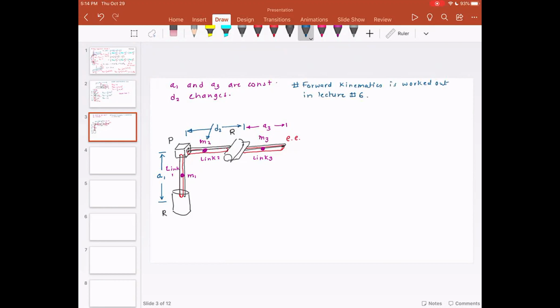So this might be a good time just to go to Canvas, open lecture 6, and quickly go through the forward kinematics, all that we derived.